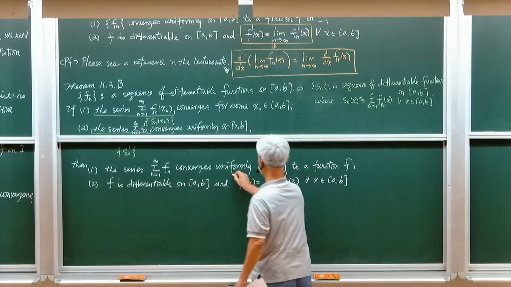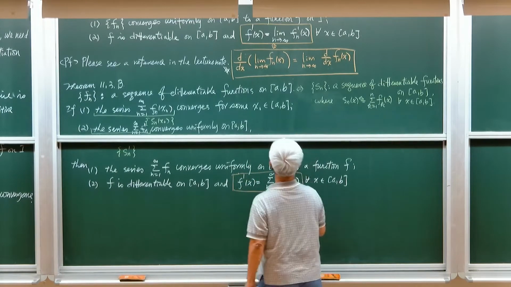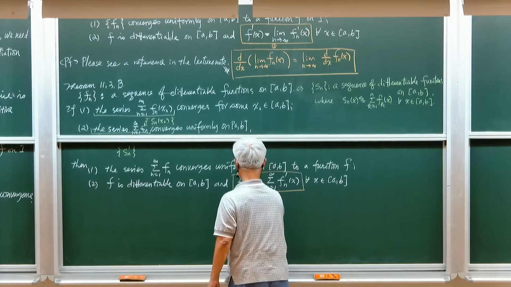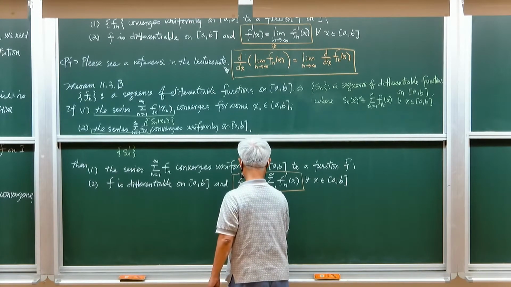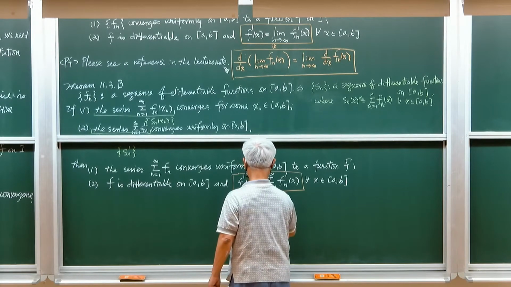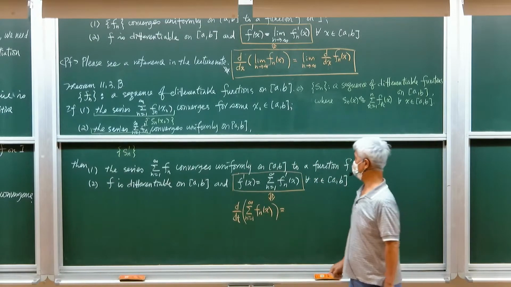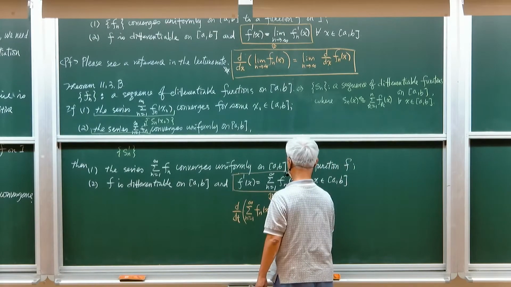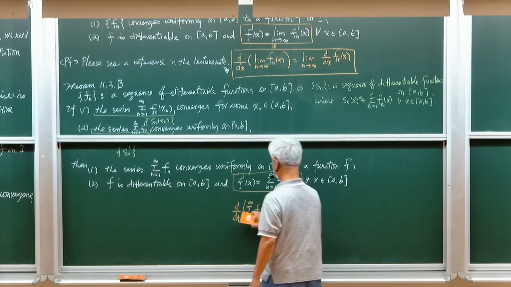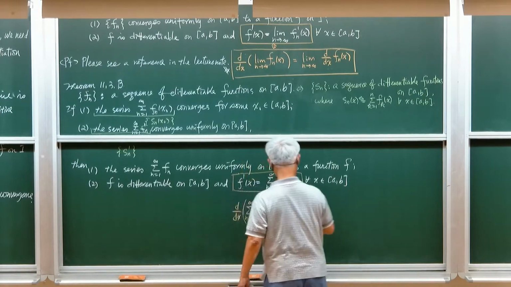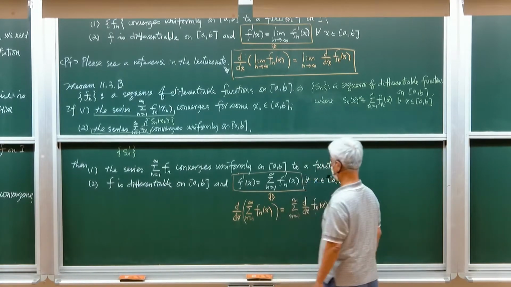Okay. And this is just saying that d/dx of the series sum is equal to the sum of the derivatives. So this is the series sum, right? It's dx, not dt.